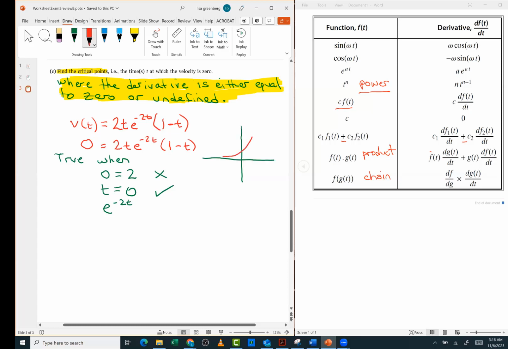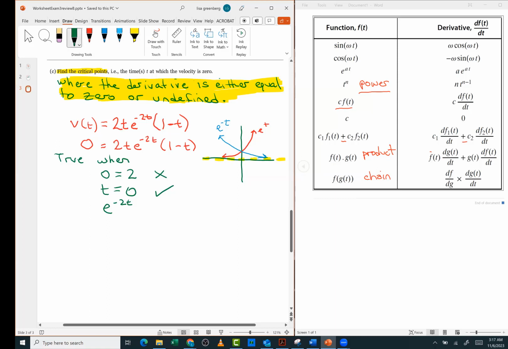e to the t looks like this, and e to the negative t would look like this. But there is an asymptote on this line right here. Those two lines never touch zero.